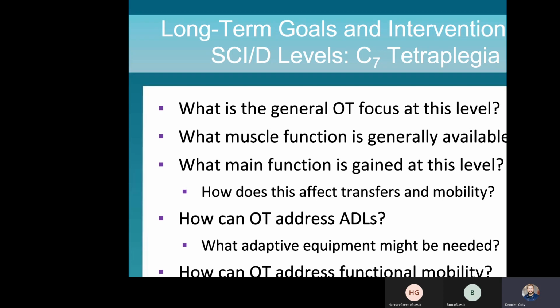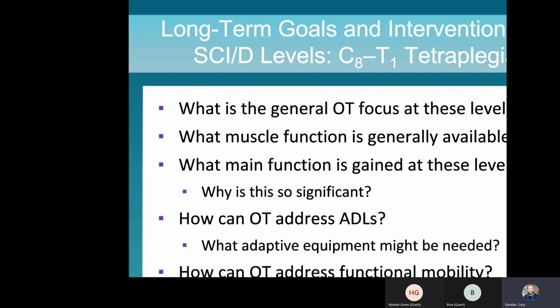All right, then you've got C8 and T1. Now, when I'm talking about the spinal cord, you have 8 cervical nerves, but only 7 cervical vertebrae. There are 2 nerves that come from between the C7 and the T1.